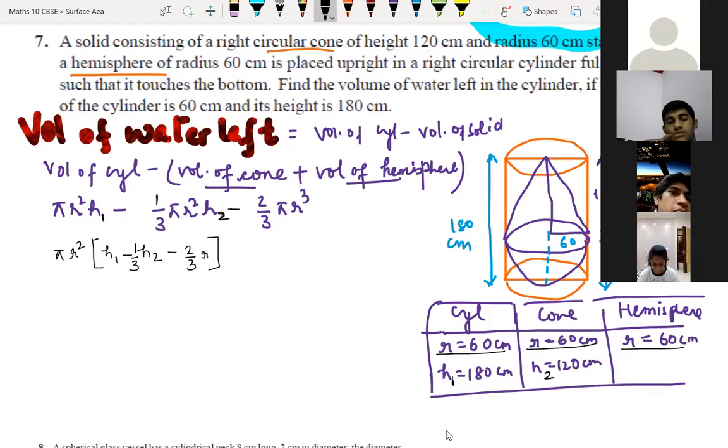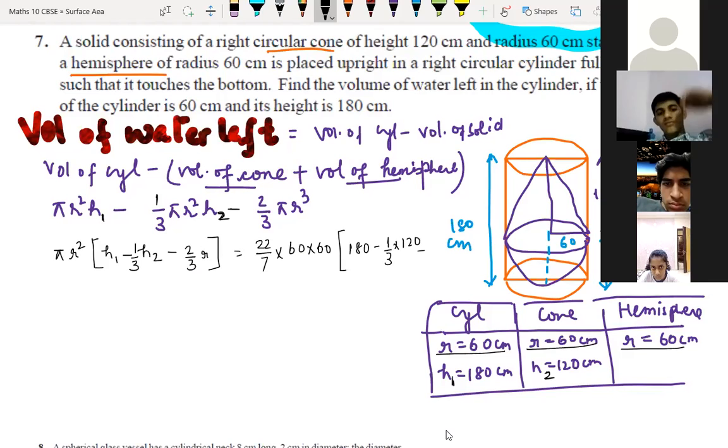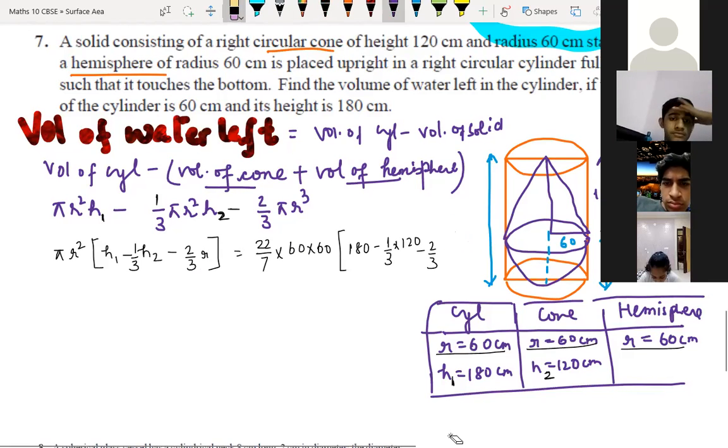Then what we can write over here: 22 by 7, radius r square 60 into 60, multiply by h1, that is 180, minus 1 by 3 h2, that is 120, minus 2 by 3 radius, that is 60.